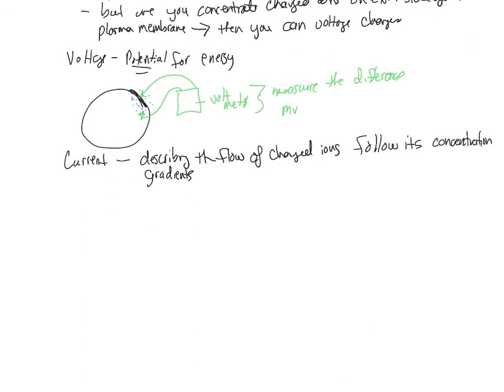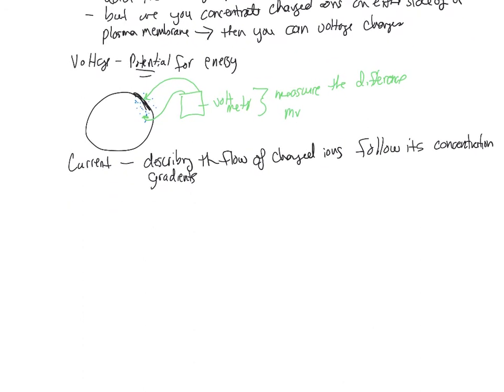Now, if the voltage is the same between two points, exactly the same number, then no current flows, because it's the same. So you need to have that differential between the two for it to happen.